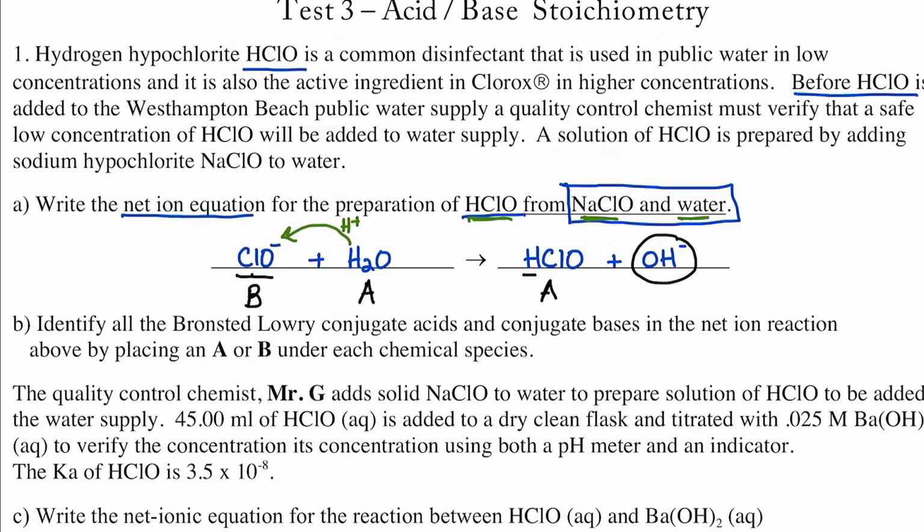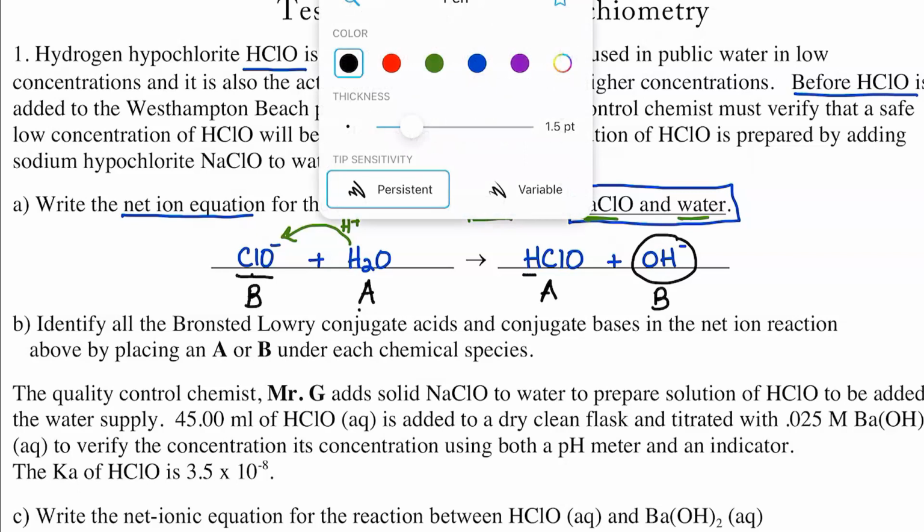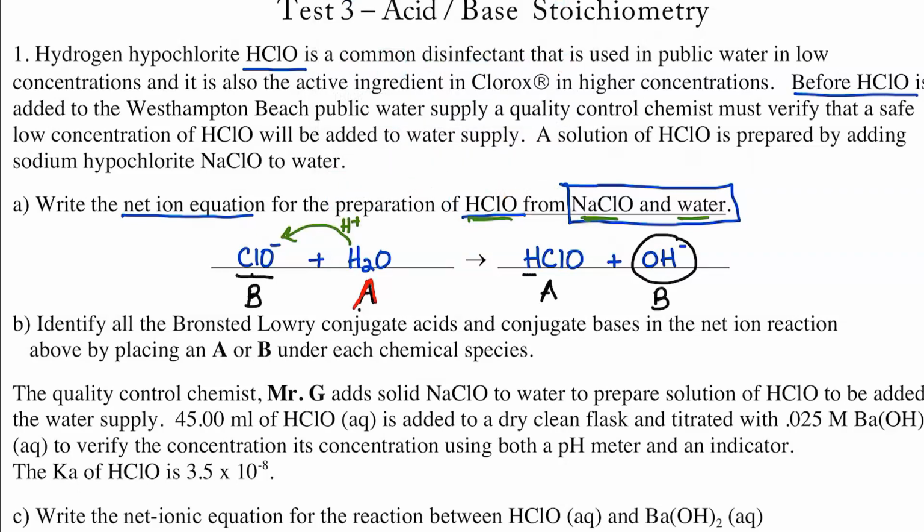The conjugate base always has 1 less H plus or proton because it needs room to accept it. That's what bases do. Look at my arrow here. Now, water was a conjugate acid on one side. Its conjugate base pair is the hydroxide. And if we want to color code these, this is one conjugate acid-base pair, and this, of course, is the other.